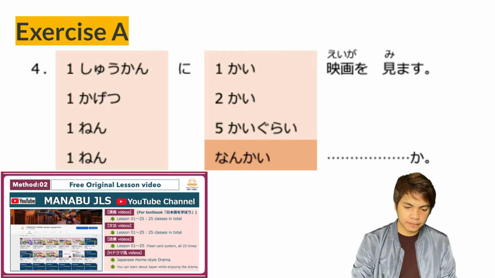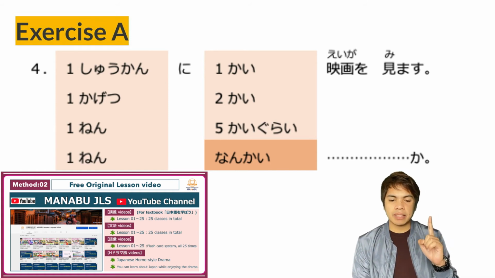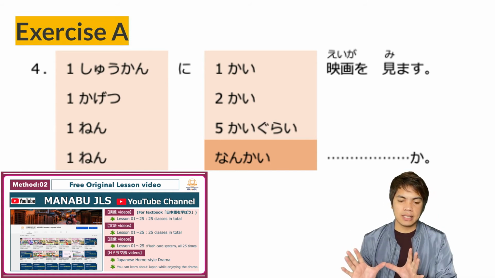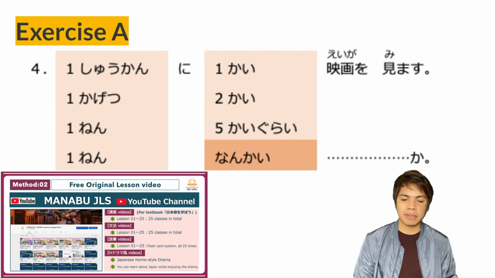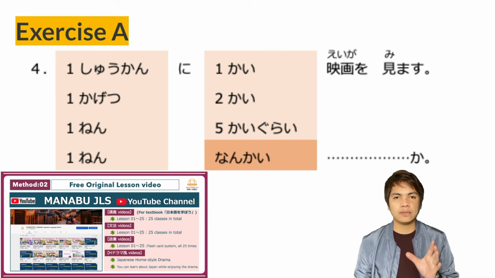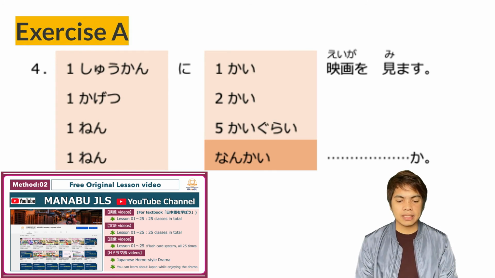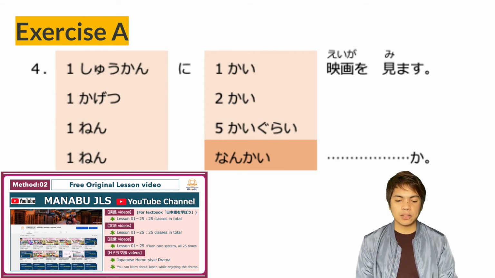Number 4. 1週間に1回映画を見ます。1週間に means in a week, 1回 once, 映画を見ます, I watch movies once a week. Next line, 1ヶ月に2回映画を見ます, I watch movies twice a month.